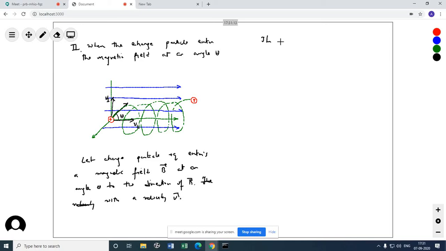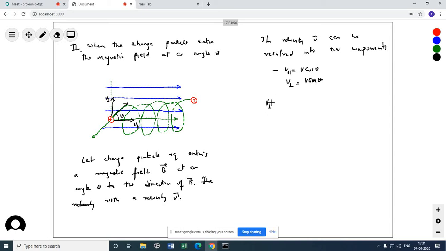The velocity V can be resolved into two components. V parallel is V cos theta, and V perpendicular is the V sin theta component.